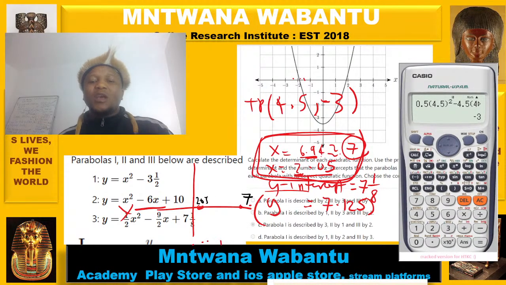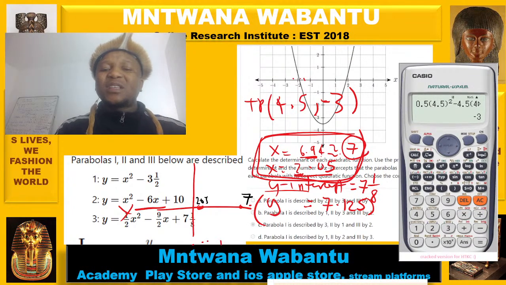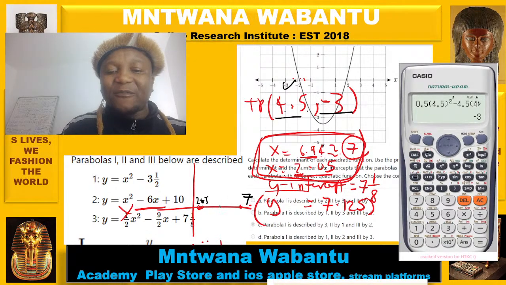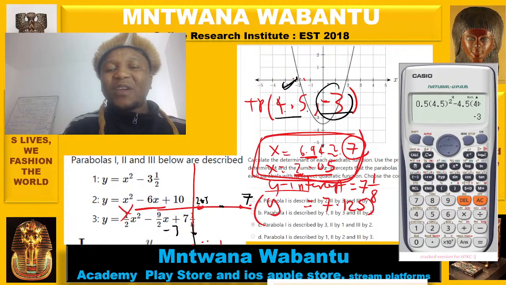So then, what is our turning point? Our turning point is 4.5 and -3. If this is 2.05 and this is 7, what is 4.5? The value of x, 4.5, is somewhere here, let's say rough sketch. And y equal to -3 means here, let's say -3. So where do they meet up? 4.5 is here, -3 is here, means they meet up somewhere here.